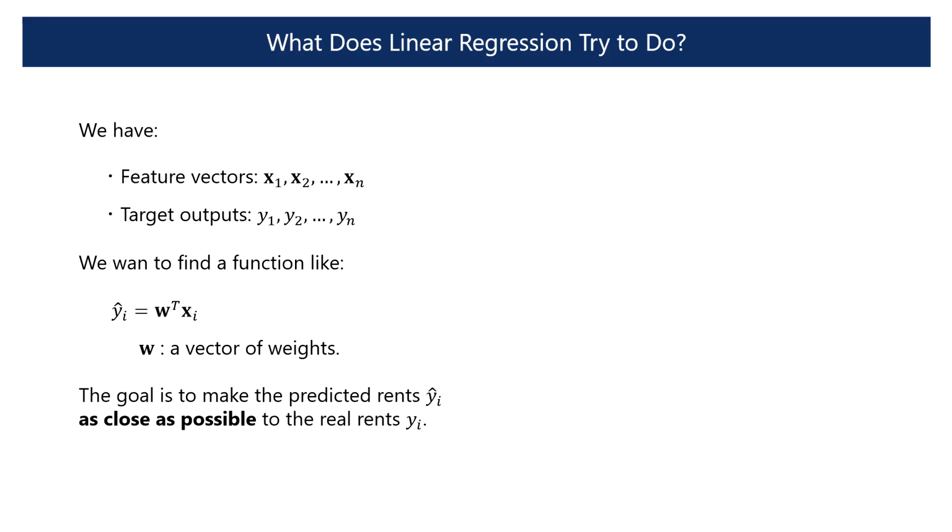So, what does linear regression try to do? Imagine you have feature vectors and target outputs. We want to find a function like this one. Here, w is a vector of weights. The goal is to make the predicted value y hat i as close as possible to the real value yi.